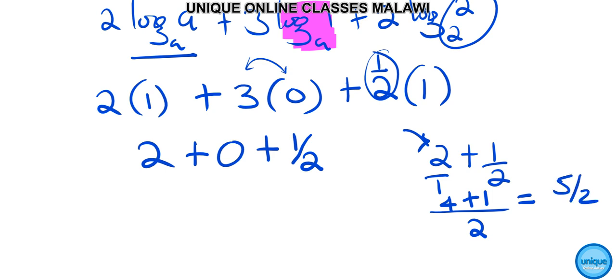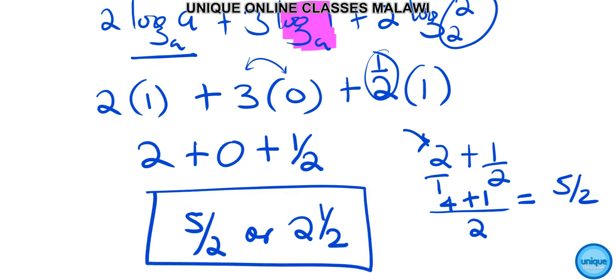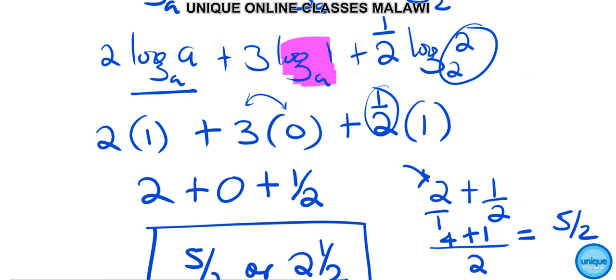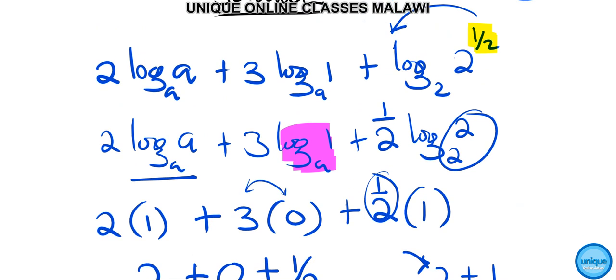So here it's either 5 over 2 or 2.5. So these are our answers. You can put either of those. Sorry.